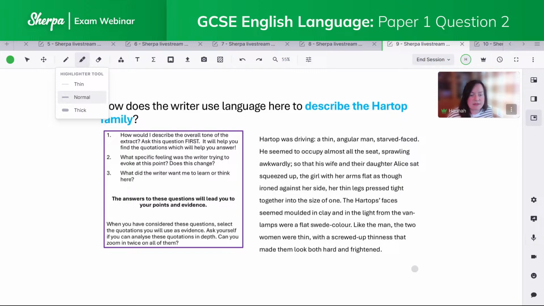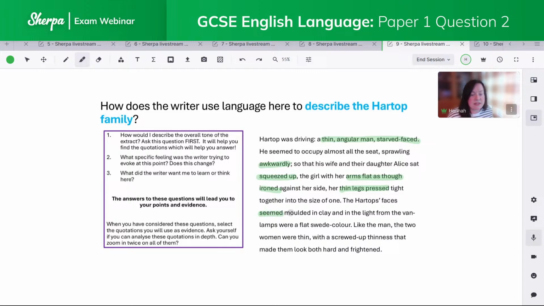In this short extract, we've got words like thin, angular, star-faced, awkwardly. So I might start to highlight these words that stood out to me. Girl was squeezed up, arms flat as though ironed, thin legs pressed.